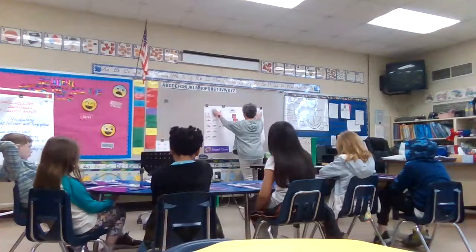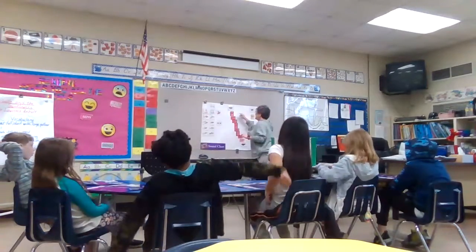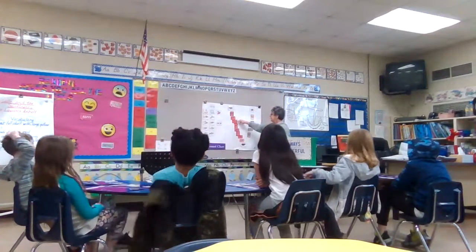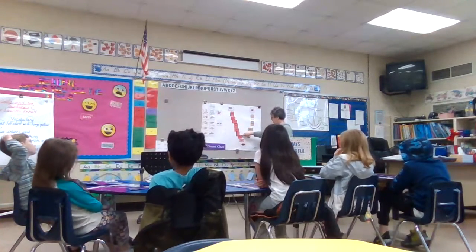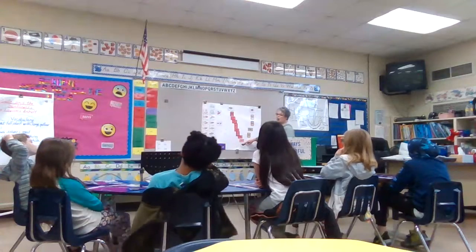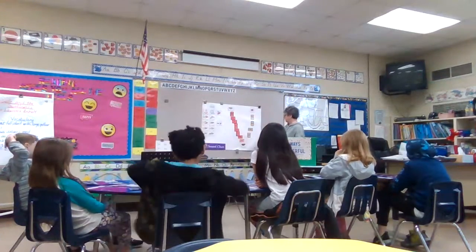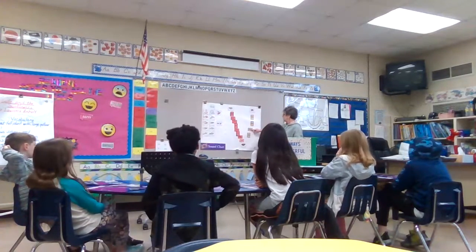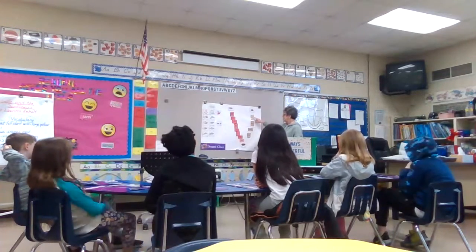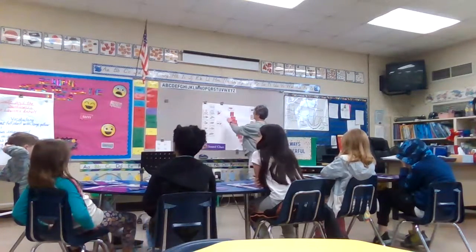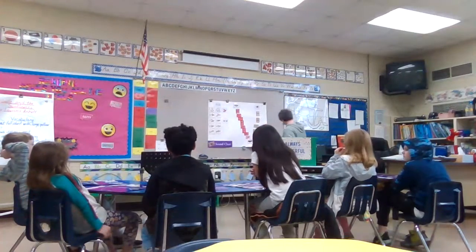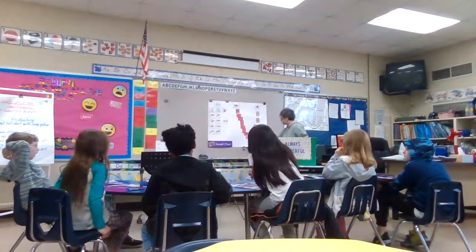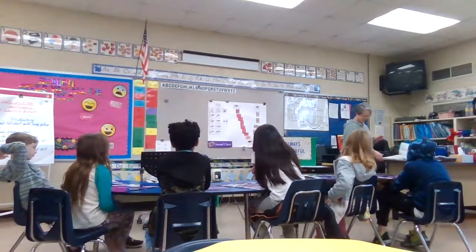Okay, now let's do our smiling vowels. E, I, open vowel. Then we have our round vowels. O, U. Good job. All right, now we are going to do our spelling.